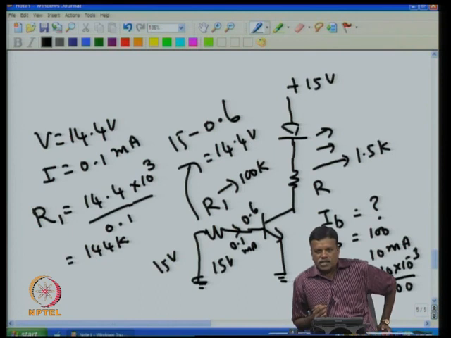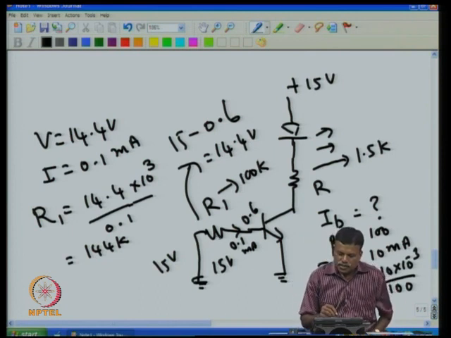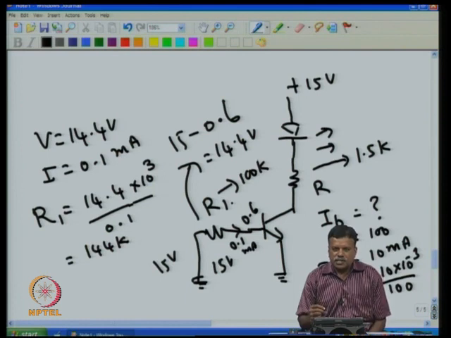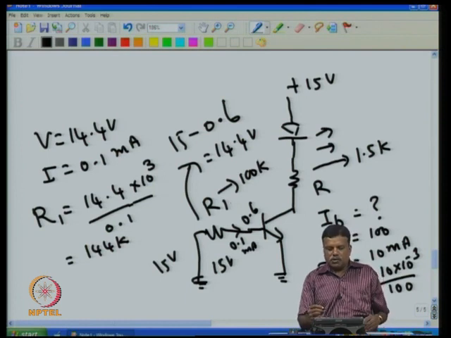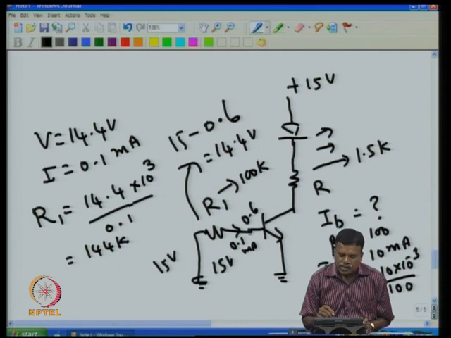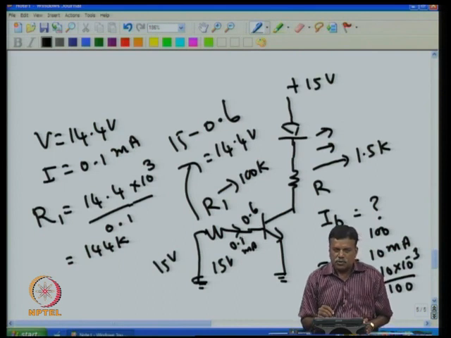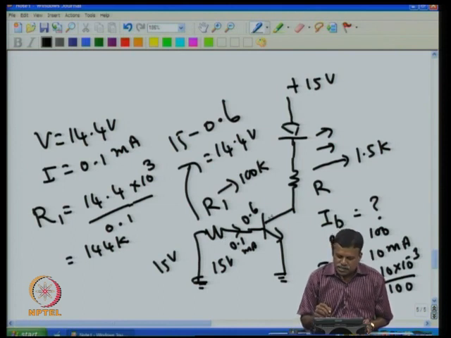So it is essential that we are aware of these calculations and their importance, because many have a doubt that if I need 0.1 milliampere, I have to give only 0.1 milliampere. It is not true. If you give more than 0.1 milliampere, it is no harm, even though it is a waste of current. It is not a serious problem, nothing happens, the transistor works well, in fact it is better, nothing wrong.